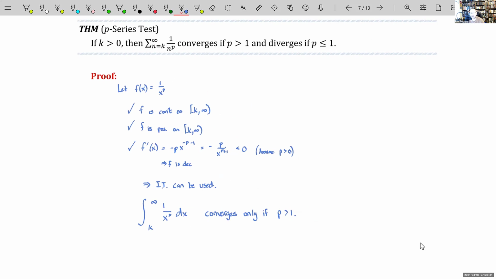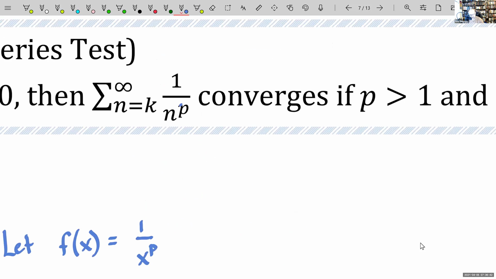Now, I did kind of hand wave a little bit there because I'm assuming that the power p is greater than 0. Think about it for a moment. If the power p were less than 0, then this would be a negative exponent, which means you're actually looking at a summation of n to a positive exponent that I'll call m for right now.